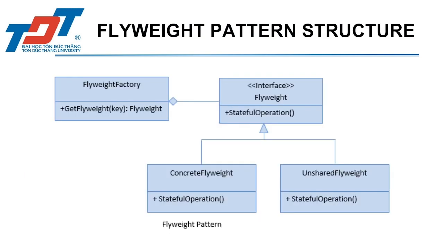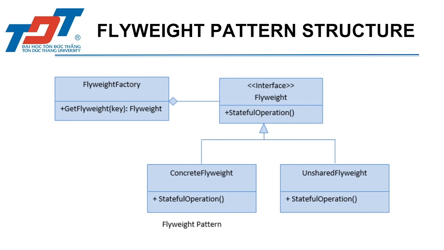And here is the flyweight pattern structure. The flyweight class is an interface or an abstract class defining common methods for a shareable object, and the concrete flyweight implements the flyweight interface and provides specific methods for the intrinsic state.